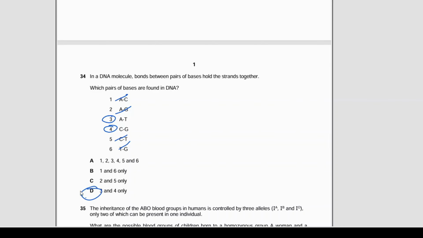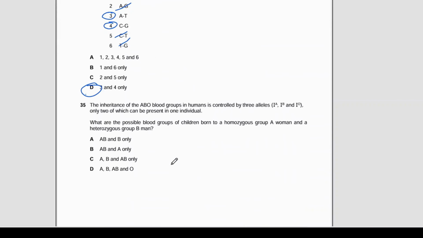Correct. Next one: the inheritance of ABO blood group system is controlled by three alleles. So it's a codominance thing. What are the possible blood groups of the children born to a homozygous group A and a heterozygous group B? So homozygous would be IAIA and heterozygous would be IBIO.